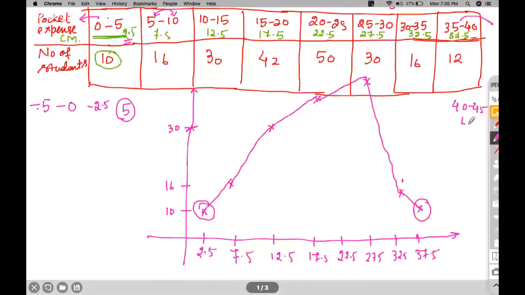So this will start from here, which is -2.5, and this will go till 42.5. As my actual frequency polygon is this, I have to start it from 0. So I will go back. The class interval is 5, so I'll go back 5 places like this, and go ahead 5 places like this, and match it with the x-axis. This completes my frequency polygon.